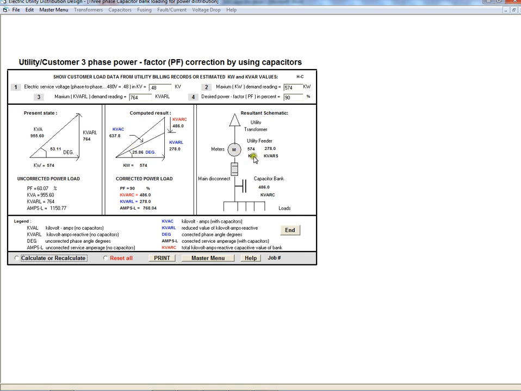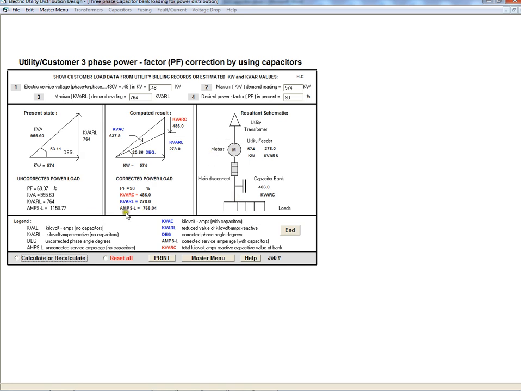So in essence, here is what we would have. Schematically, 574 kW is what we have, but now if we add capacitors, our inductive load is just 278, and this is the capacitive value that we have. Notice one other thing here too: under the present state, there's 1150 amps flowing through the system.